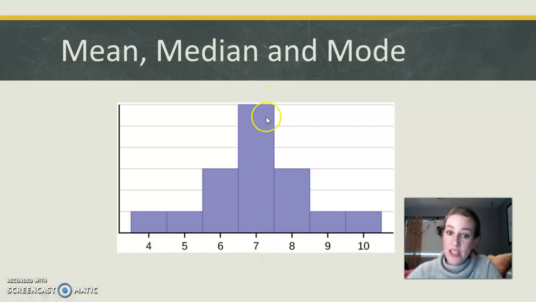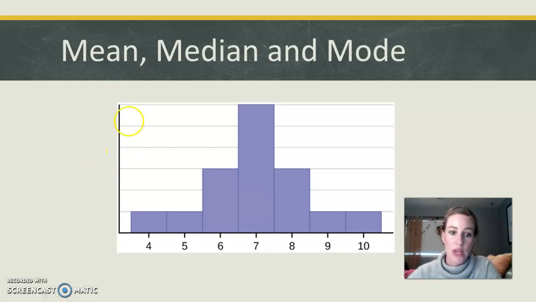We can also tell that since it's all the way at the top of our graph here, it is the one that appears the most in this graph, correct? So we know that 7 would be our mode as well. Now, as I said, we don't have the x-axis here, so we can't necessarily determine the mean.